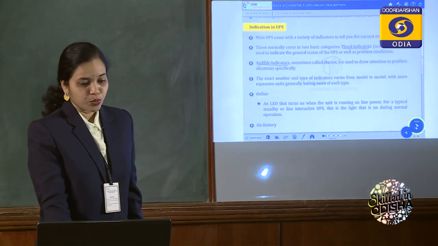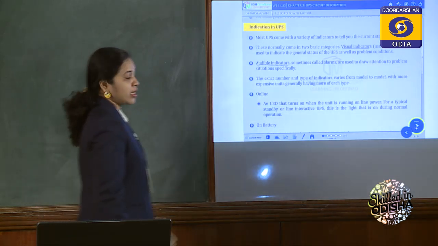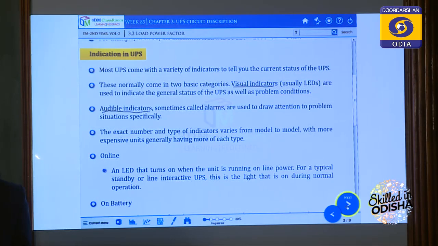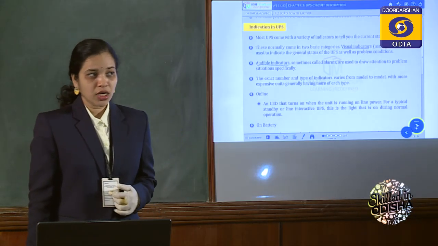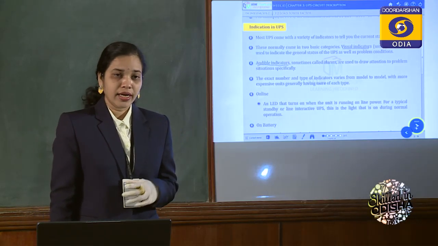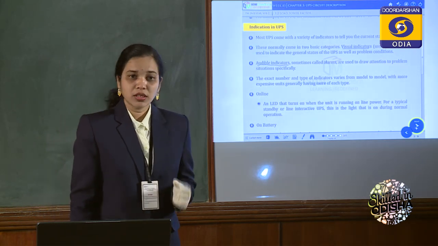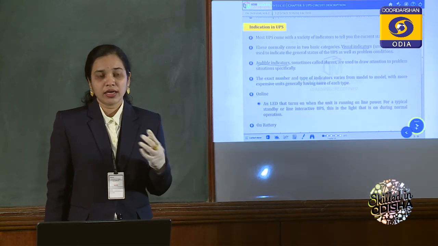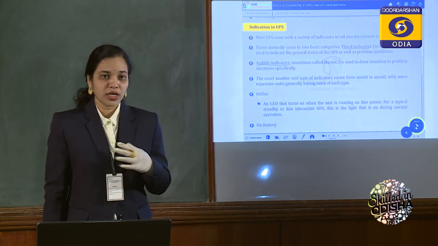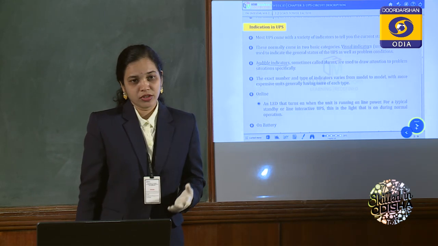Indications in UPS. When we are using a UPS, some general indications are there in the UPS. Generally two types of indications are used. One is visual and second is audible. Visual means the things we can see, and by seeing that we get some symptoms or signs, those are visual indications.